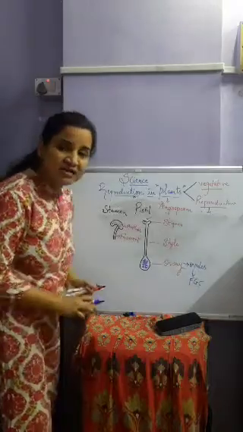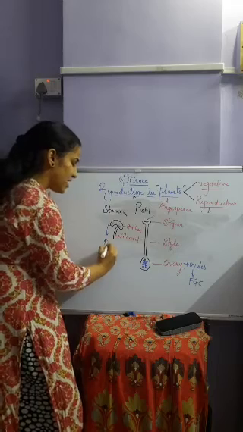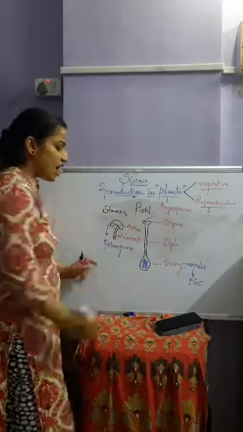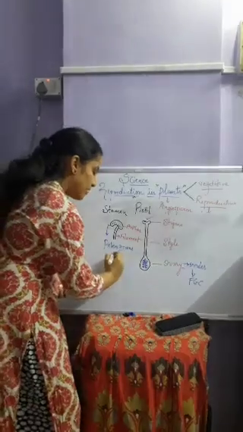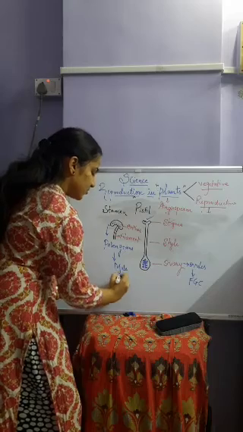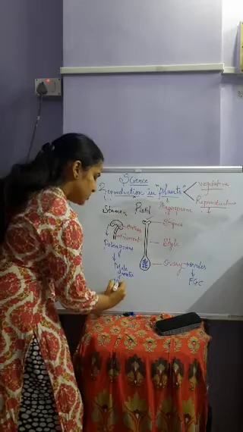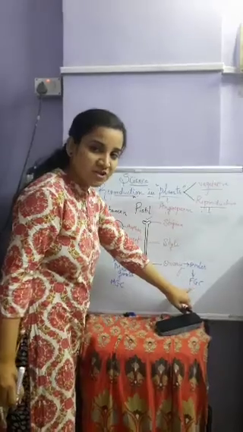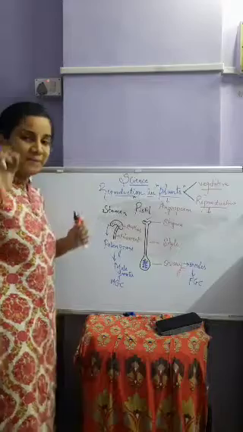These structures are said to be the pollen grains. Pollen grains are the male gamete, or the male germ cell. This was the female germ cell or female gamete, and this is the male germ cell or male gamete.